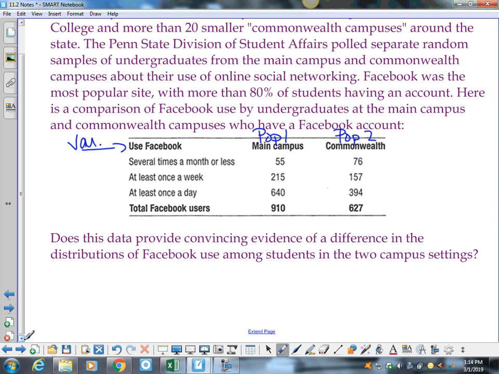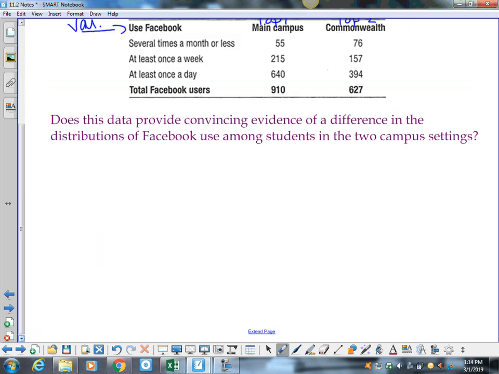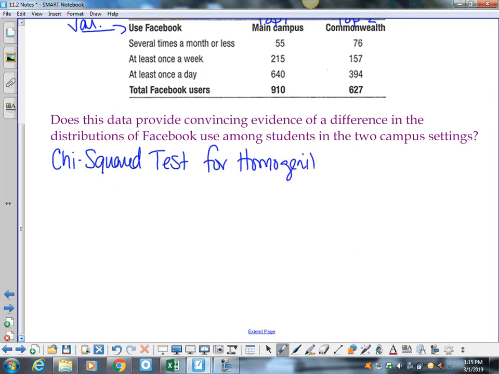Okay. What's the name of our test? Did I spell that right? Yeah, whatever.